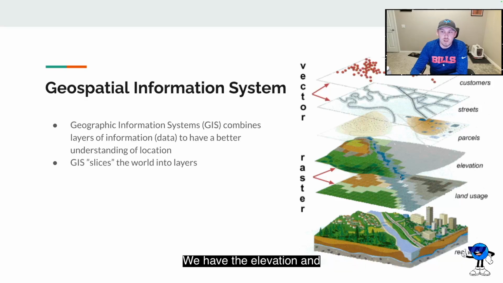Then we have the elevation, which is the terrain and how the landscape actually looks, and then we have the parcels and the streets, basically making up how you can travel and transport goods on the actual surface. And then last but not least, we have the customers, so people who are actually using the goods and services in the real world.